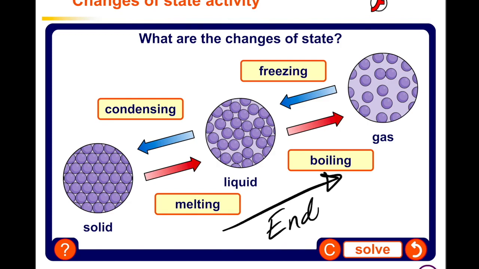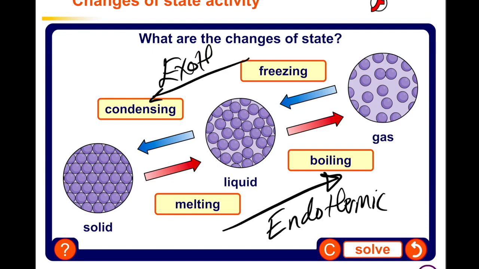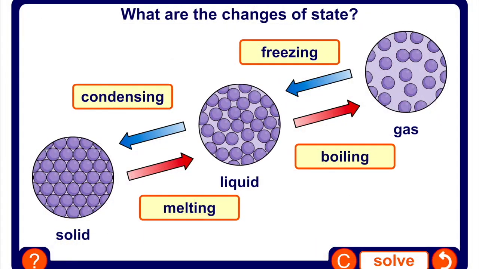An endothermic change is one that requires you to apply heat. Going the opposite direction requires you to cool down. It's the opposite. We call it exothermic. So just think about it. If this change requires applying heat, it's endothermic. If it's the other way around, then it's exothermic.